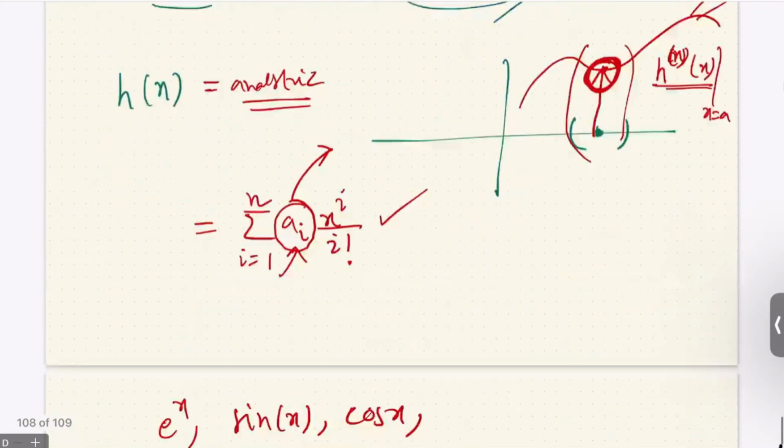For this, you do an experiment. I will write up some random mathematical experiments.